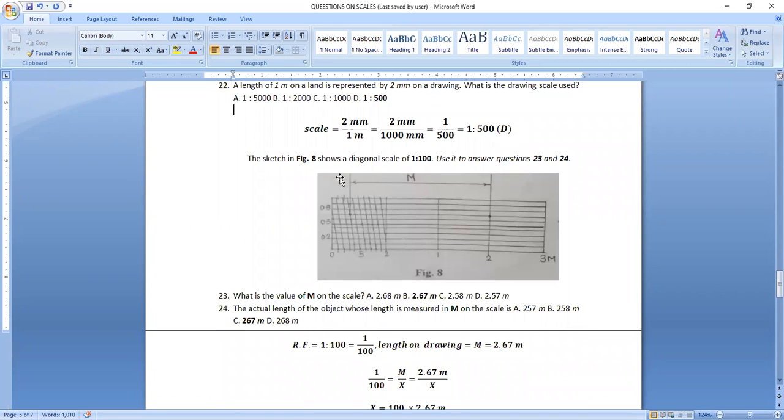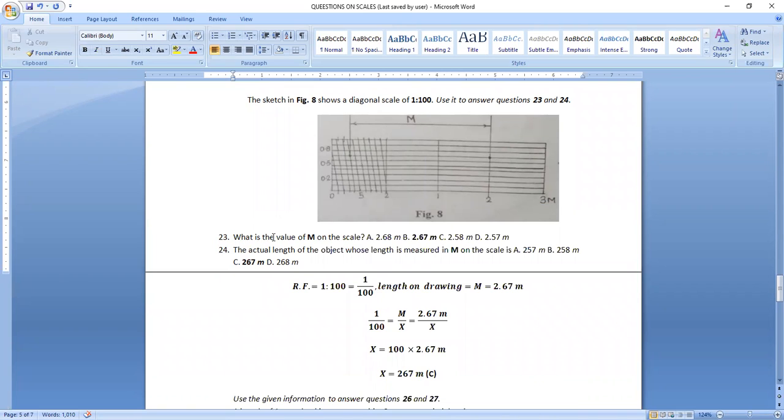Then we have that the sketch in figure 8 shows a diagonal scale of 1:100. Use it to answer question 23 and question 24. What is the value of m on the scale? Here we have 2, then what are we going to add to it?